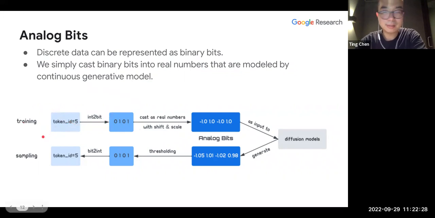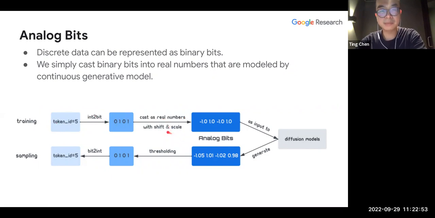Let me give this example. In the training, I'm using diffusion models, but in principle, this could be other continuous generative models. You take a token ID equal to 5, then you turn it into bits, which is a function, but it's very easy to understand this mapping. And then you cast this as real numbers.